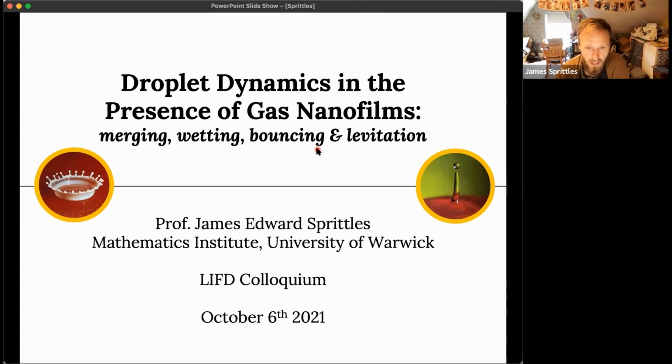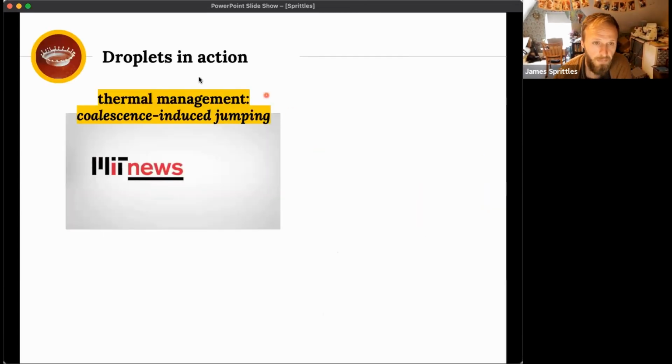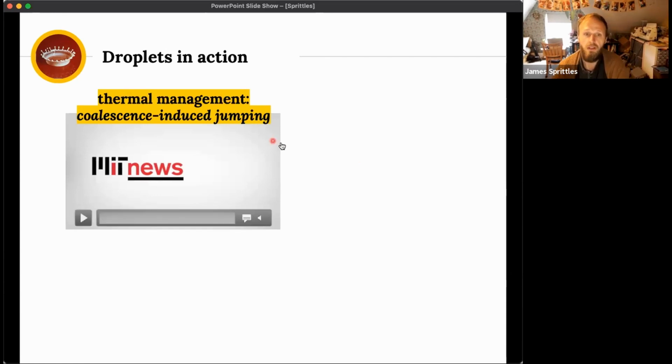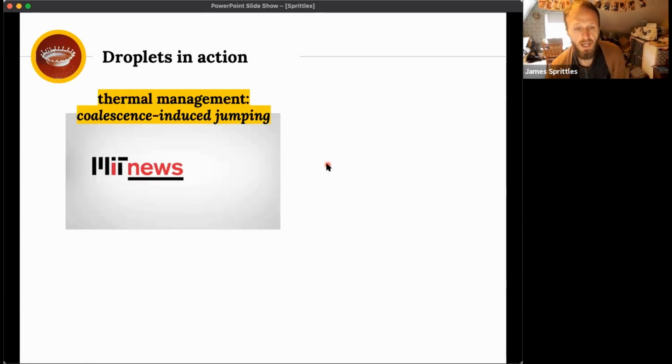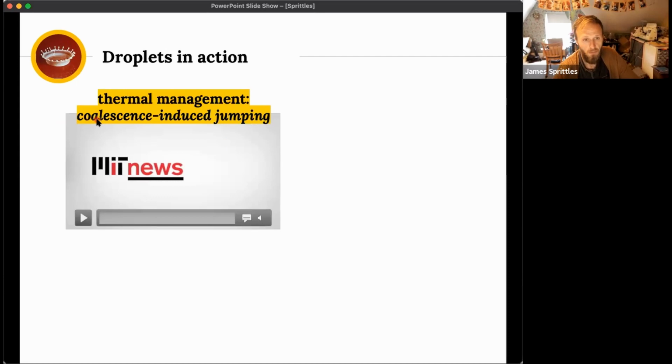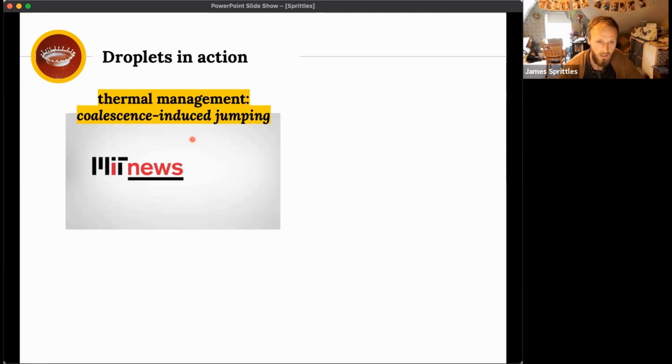Some of our research was in collaboration with MIT and Bell Labs, and they're interested in thermal management. The effect which they discovered was that when you coat surfaces with non-wettable surface, you can induce jumping through coalescence, and that can remove heat from surfaces. So let me show you how that works.